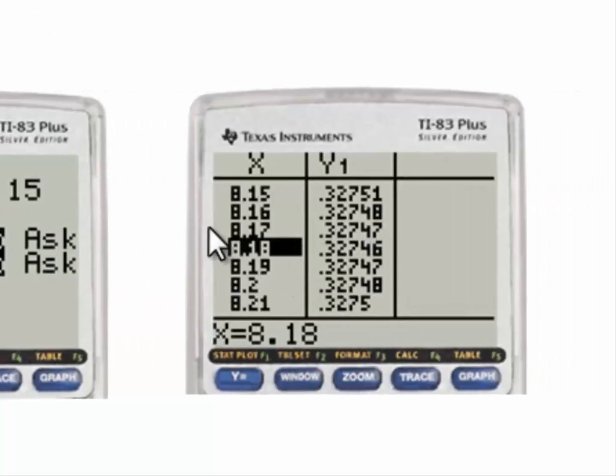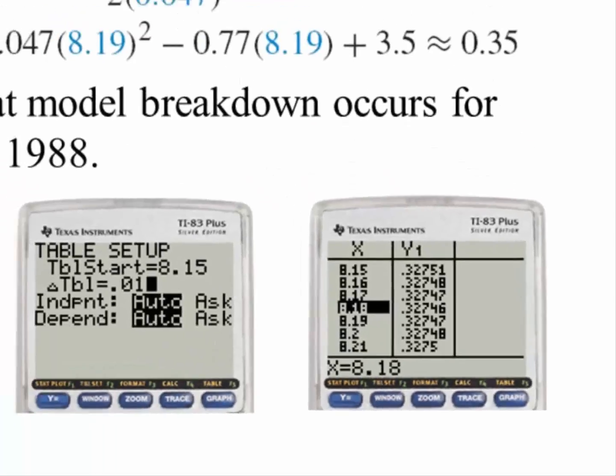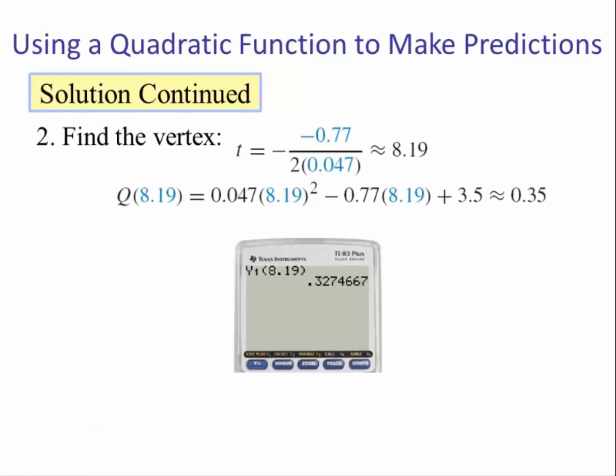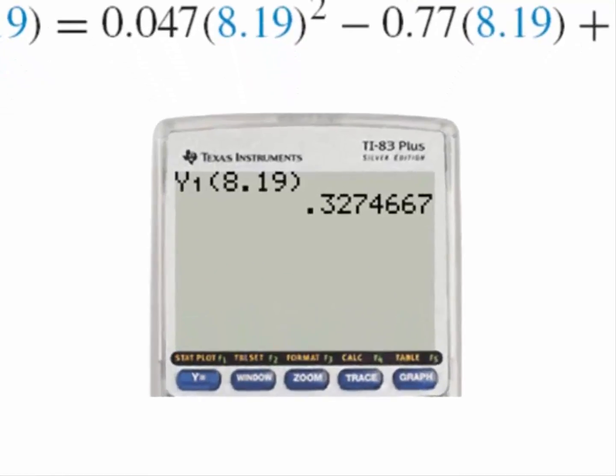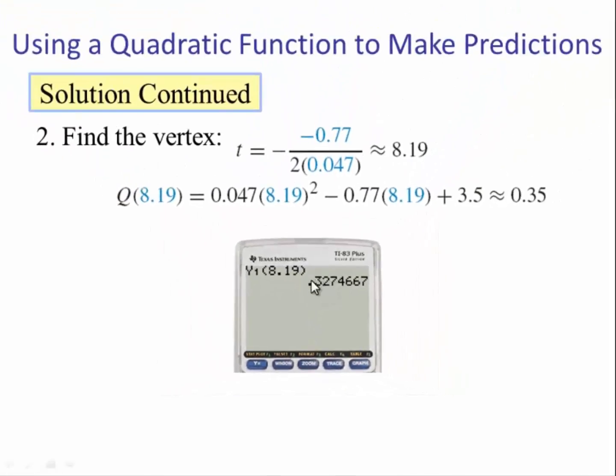And according to the calculator, the minimum is at 8.18, so it's verified. If we want to use the var feature, we see that Q of 8.19 is about 0.33, which is close to what we have here.